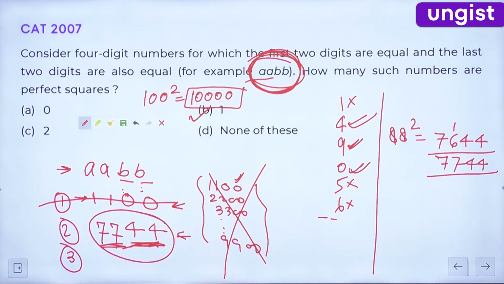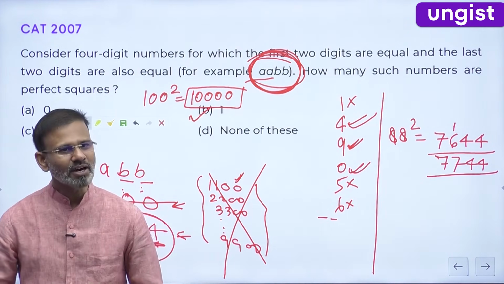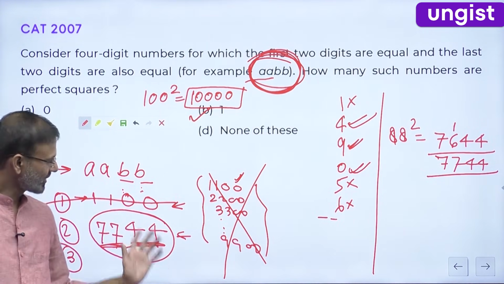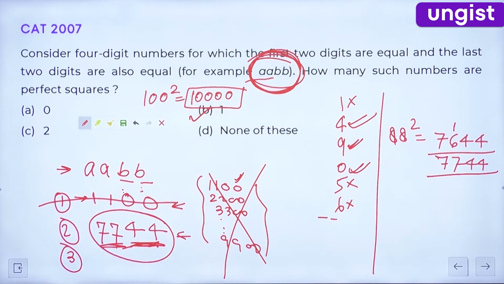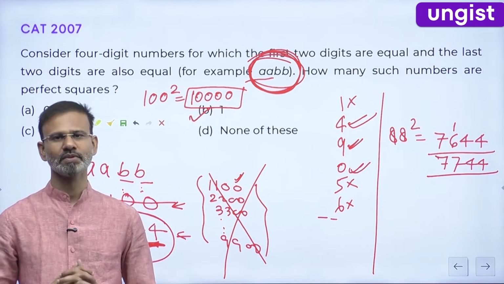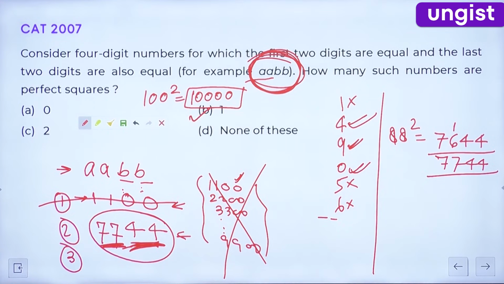Yes, everyone, it was a great question and a great solution was also there, right? Guys, any other doubt, any query, any confusion? And this is the only number where the first 2 digits are the same as the last 2 digits, and this number is the perfect square number. Okay? This is the only number. All right.